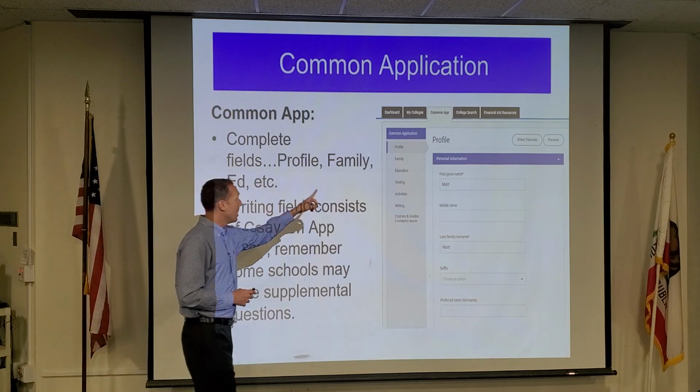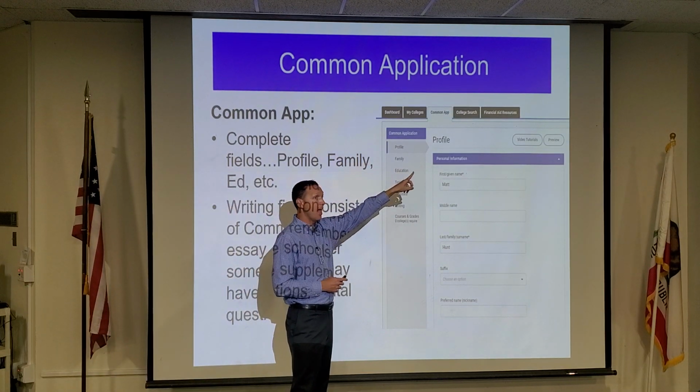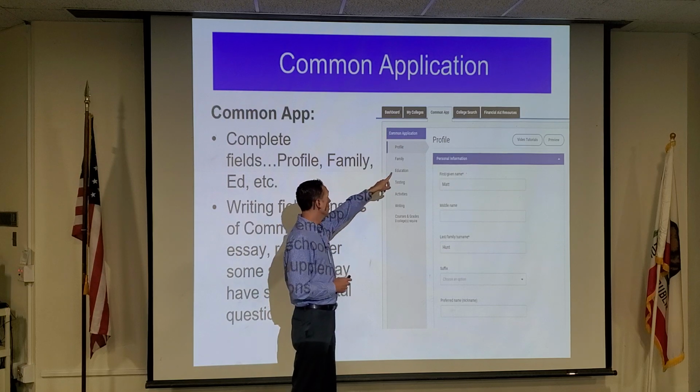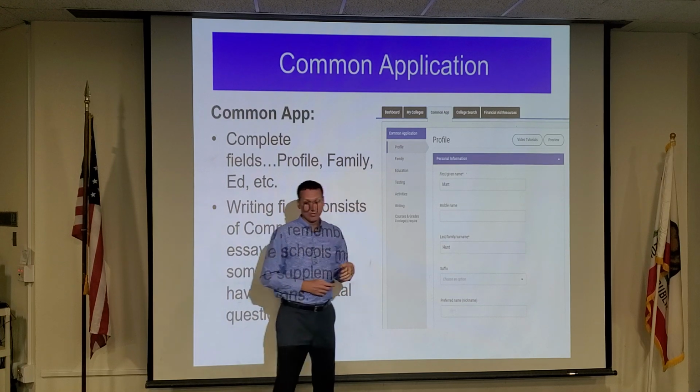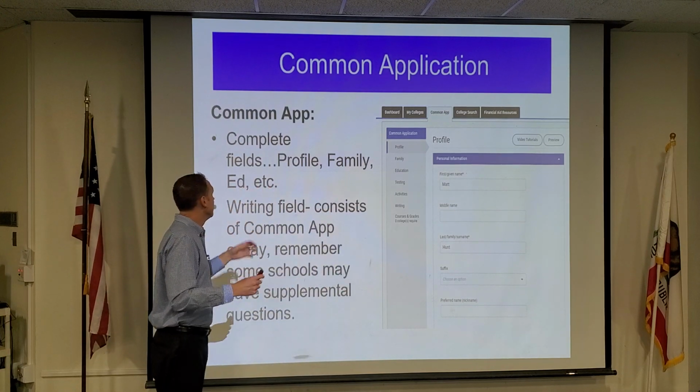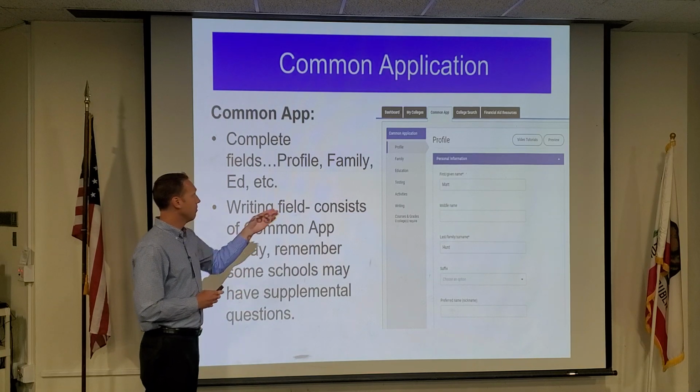So as you navigate the tab across the header of the website, understand that when you click on each individual tab, it will open up with smaller subset link tabs for you to complete.